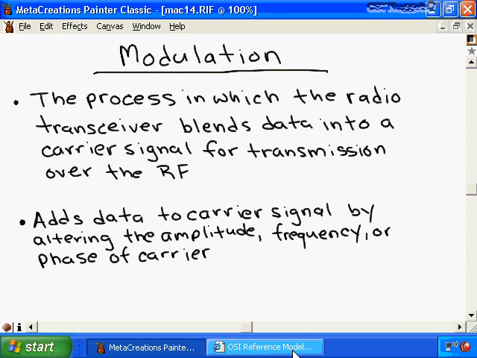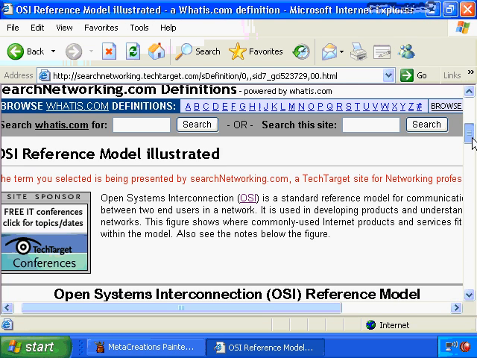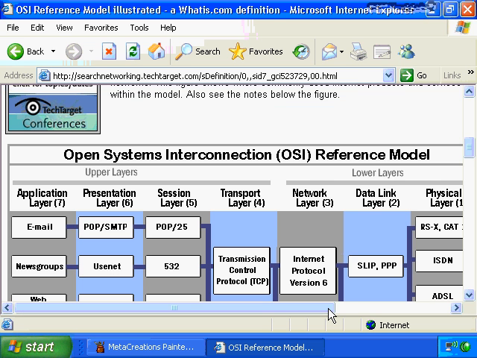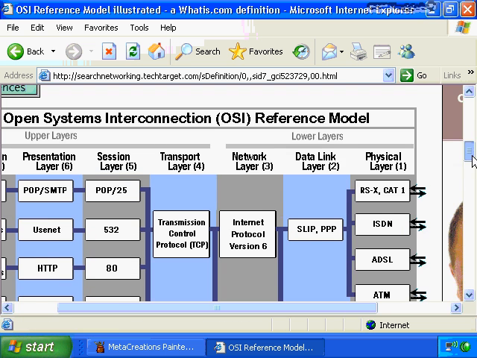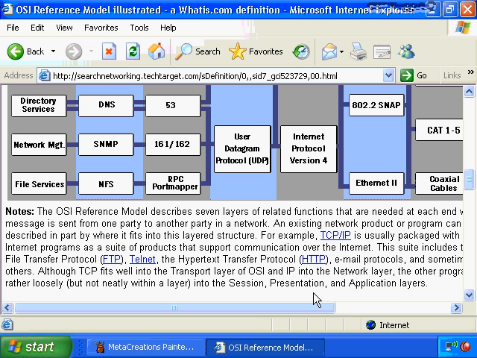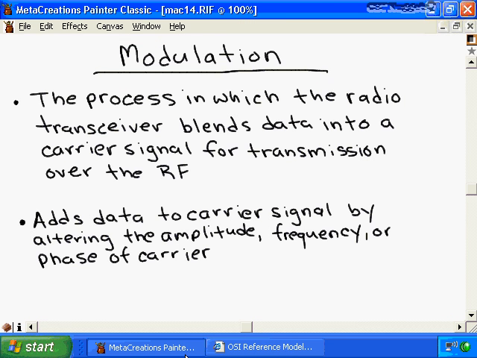Here's one such search result. This web page gives a good overview of the 7 layers of the OSI model. So you might want to take a quick overview to get a better grasp of what we've been talking about in this video. Having said that, let's go back to our whiteboard here.